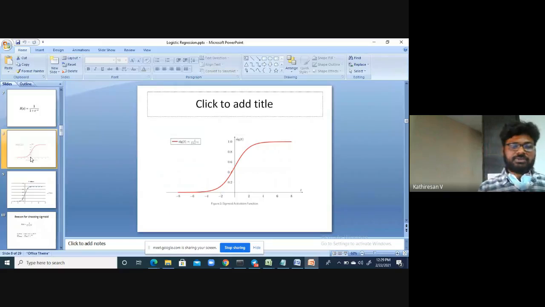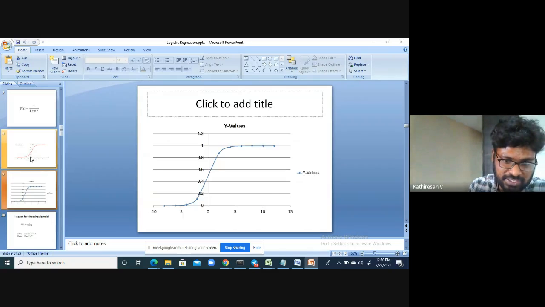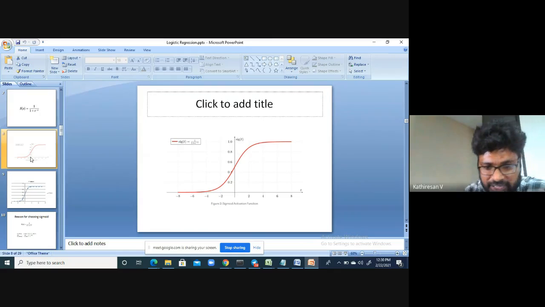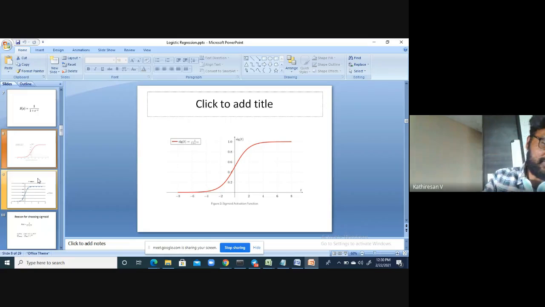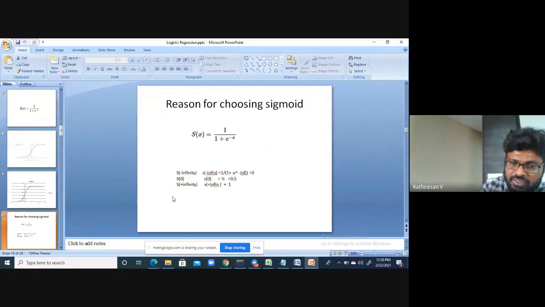Now I would like to give you one more detail that we have discussed in the laboratory also. See, the curve is like this. Whatever value you give, the curve is like this. It is crossing 0.5. If you substitute minus infinity, it will come 0. If you substitute plus infinity, it will come 1.